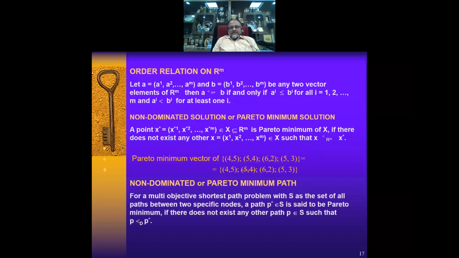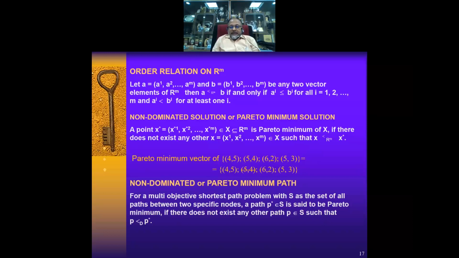I think you will understand in the next example. (5,4) I am considering again. The first vector I have selected in Pareto minimum. The second vector (5,4) has already been compared with (4,5). Now I am comparing with the third vector (6,2). 5 is less than 6 but 4 is greater than 2, so both are non-dominating. Now I am comparing (5,4) and (5,3). 5 is equal to 5, good, and 4 is greater than 3.